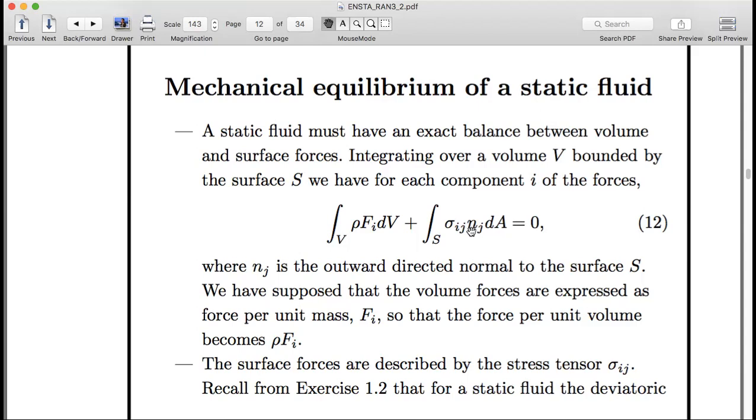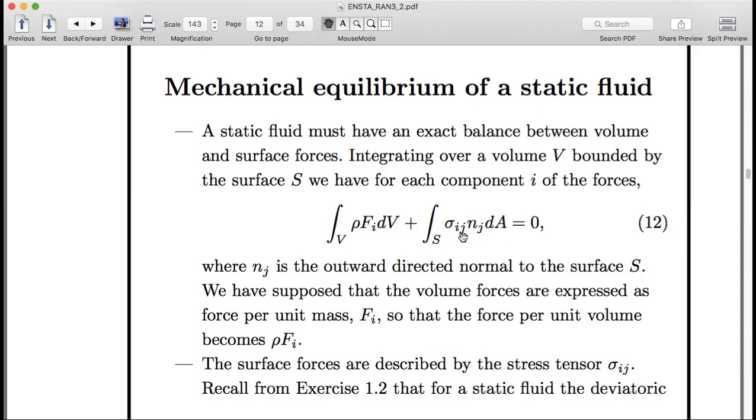So n_j times dA is the vector area, what I was calling the vector area before. And that's multiplied by sigma_ij, which, remember, gives you the force in the i direction. So the i here has to be consistent with the i there, so that we're talking about the same component of force.